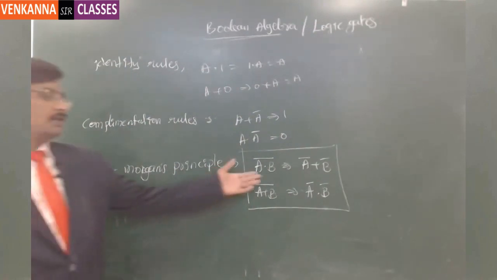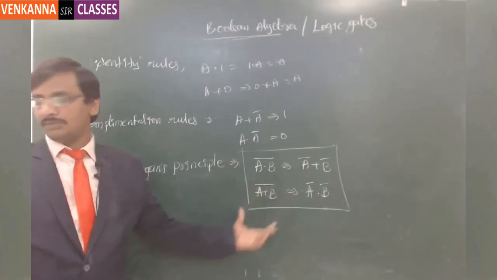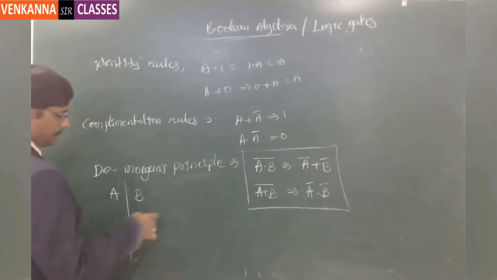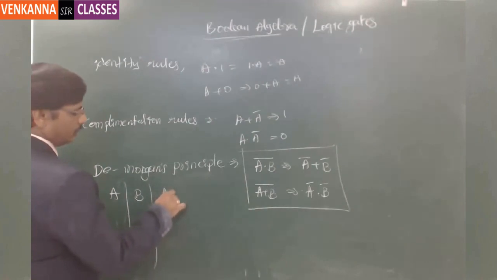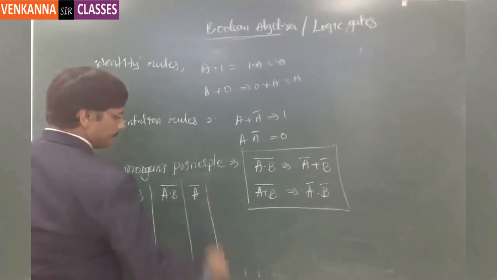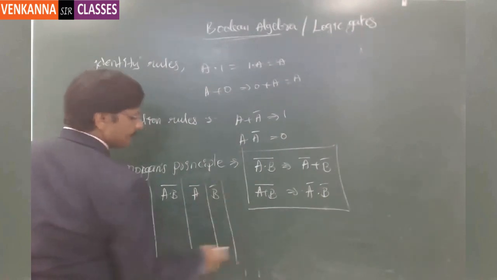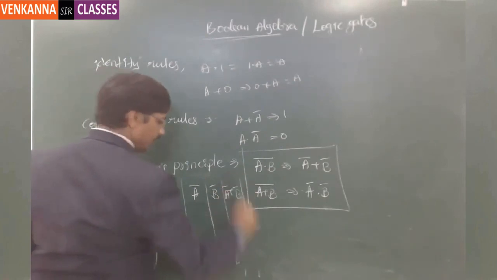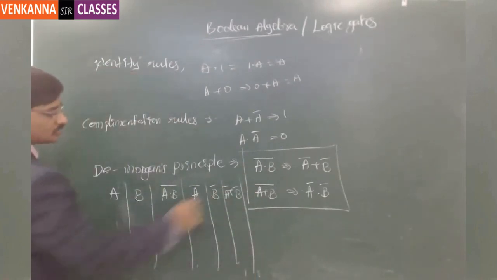So this you can verify or cross-check with the normal methodology. That is a, b, then a dot b whole bar, and here a bar and b bar, and then here a bar plus b bar. These two have to match, right?